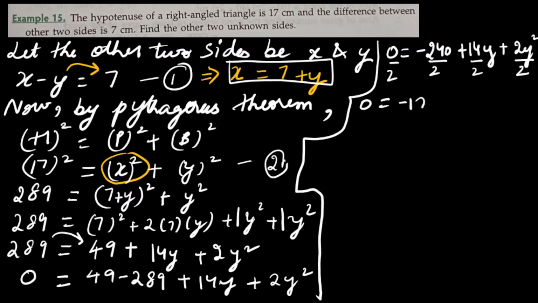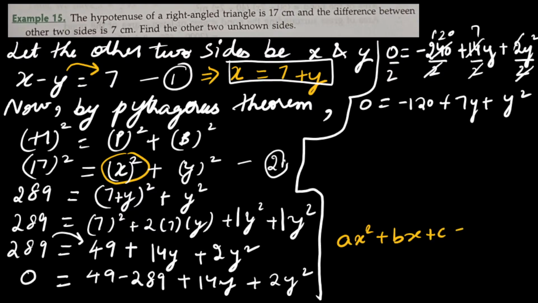This is minus 120, 240 divided by 2 is 120. This is 14 divided by 2, 7y, and the 2 here is getting cancelled, plus y square. I'll just do a rearrangement. I know the standard form of a quadratic equation is ax square plus bx plus c is equal to 0.